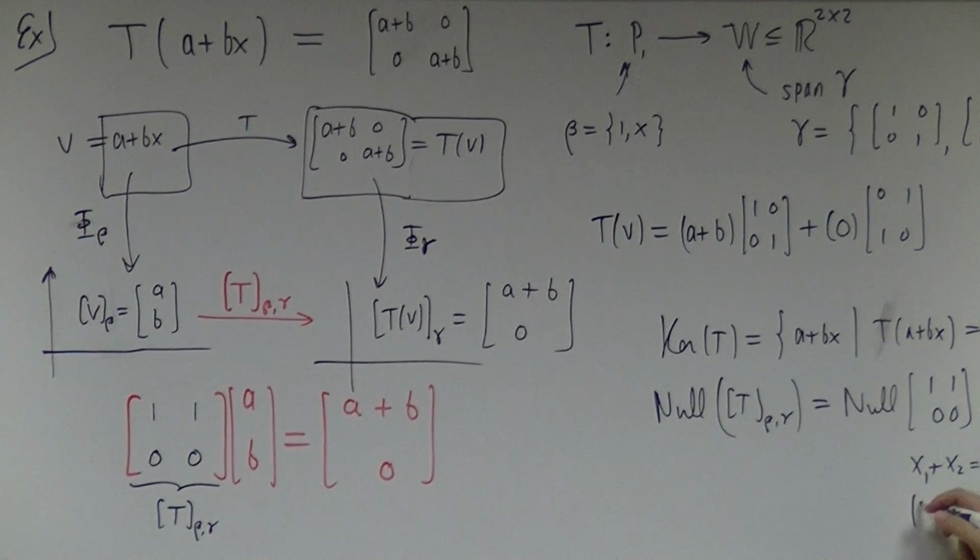So if you look at the thing in the null space, x1, x2, you have x1 comma minus x1, such that x1 is a real number, or if you like (1, minus 1) times t, such that t is a real number. Whatever floats your boat.